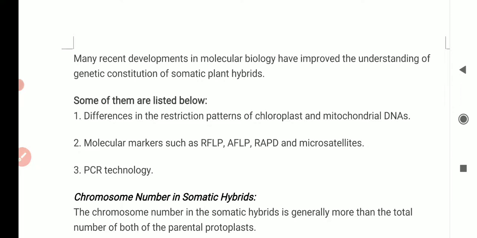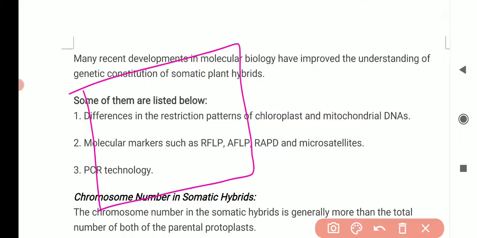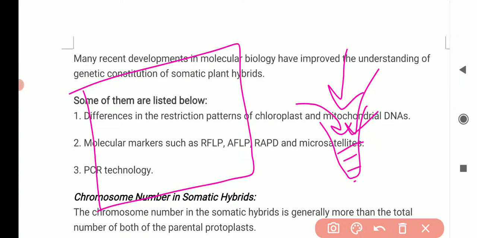Molecular techniques, it's when you have extracted DNA, you have isolated DNA from a particular plant. Okay, you've mixed it and added all the enzymes and all, then you place it in the gels.